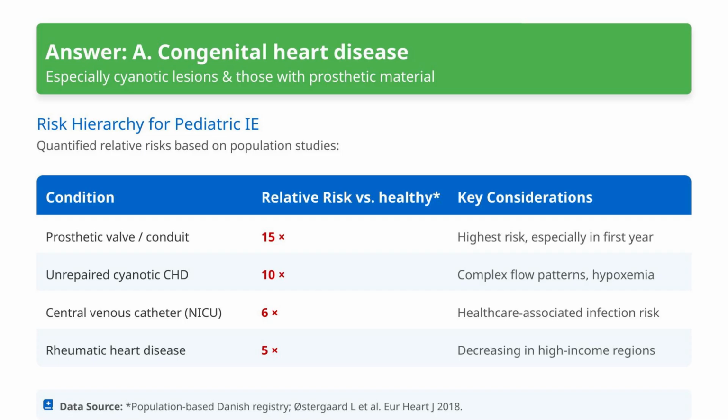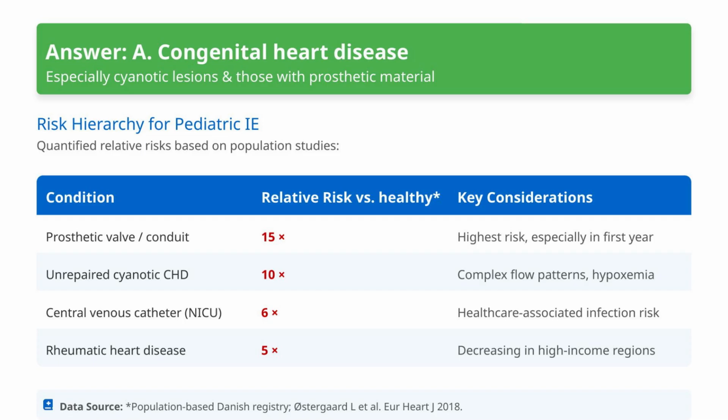Central venous catheters, particularly in the neonatal intensive care unit setting, increase the risk about 6 times. Rheumatic heart disease, which is decreasing in prevalence in high-income regions, still carries about 5 times increased risk. These data highlight why children with congenital heart disease require special attention for infective endocarditis prevention and prompt evaluation when suspicious symptoms arise.